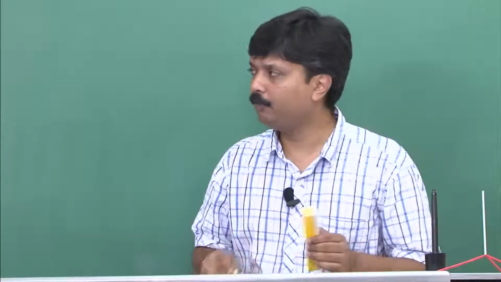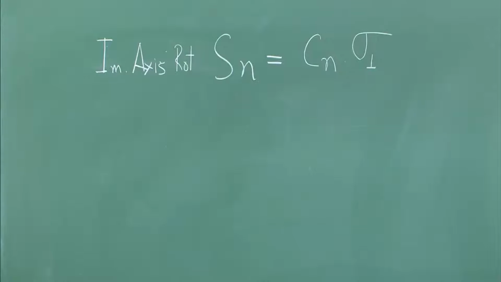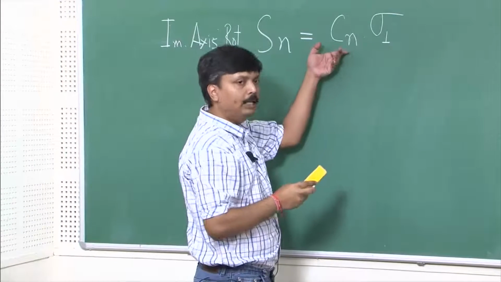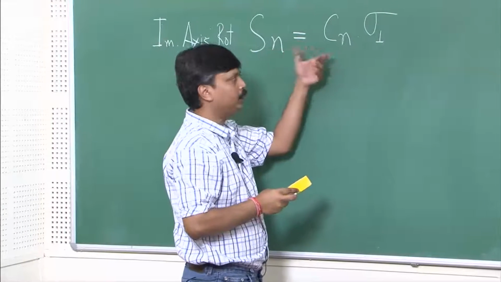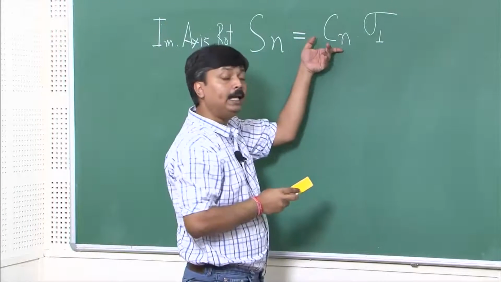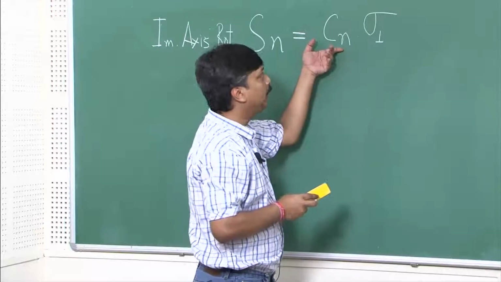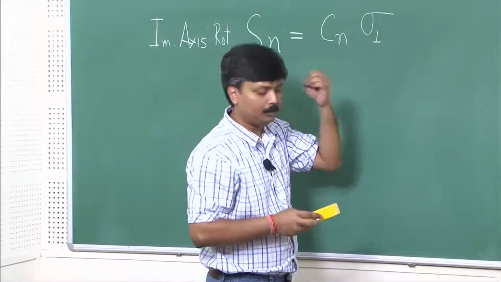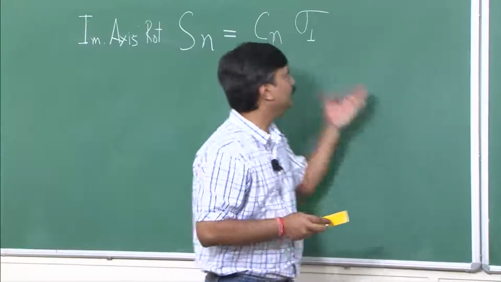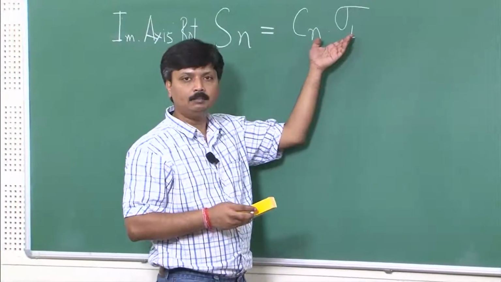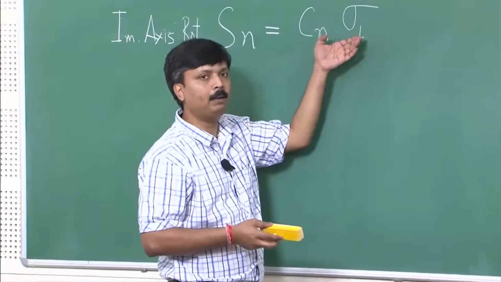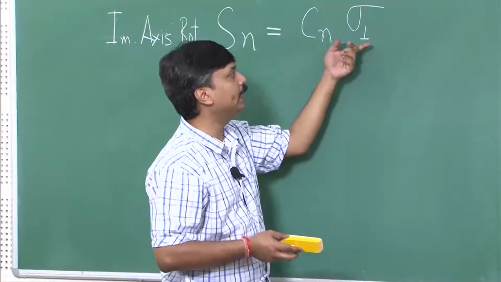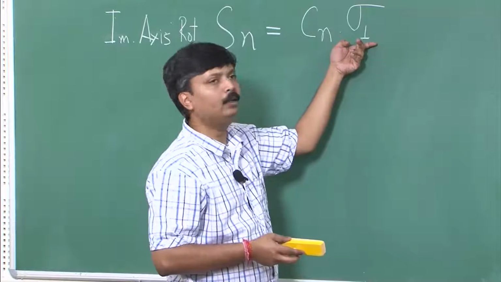Now, if I have a perpendicular plane to that axis of rotation that I am talking about for the Sn operation, and if this Cn does not lie in the same direction as that of the principal axis of rotation, then this sigma cannot be called sigma h, even though it is perpendicular to this axis. So, in general I will call it sigma perpendicular.